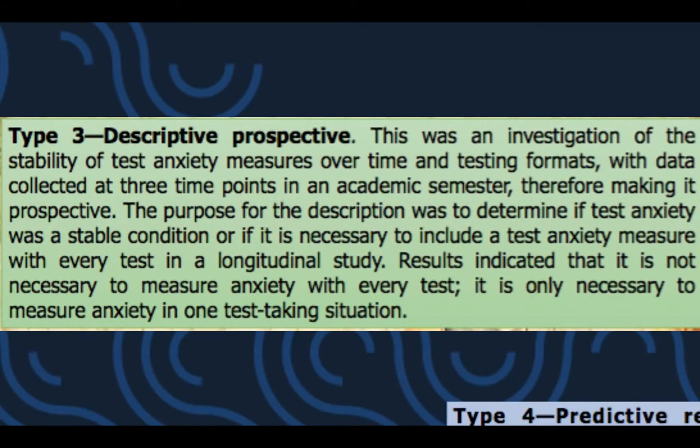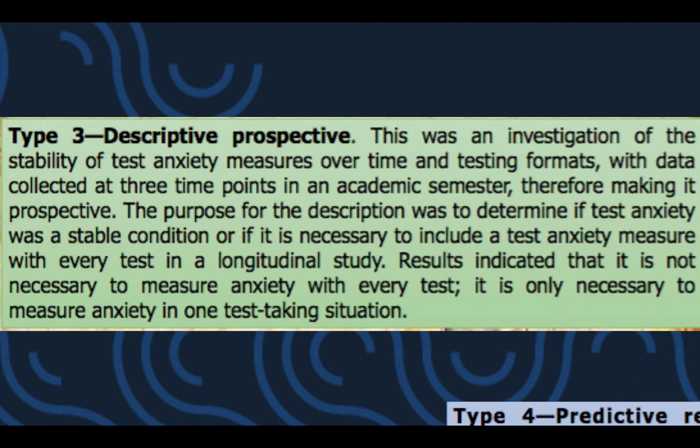Another type is the combination of descriptive and prospective. An example of this is an investigation of the stability of test anxiety measures over time and testing formats, with data collected at 3 time points in the academic semester, therefore making it prospective.